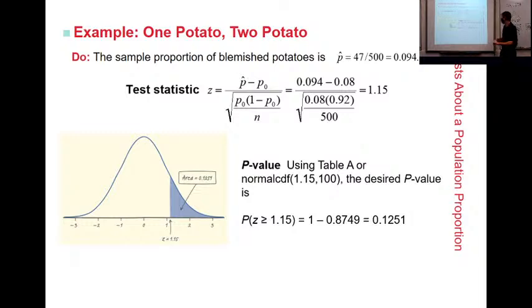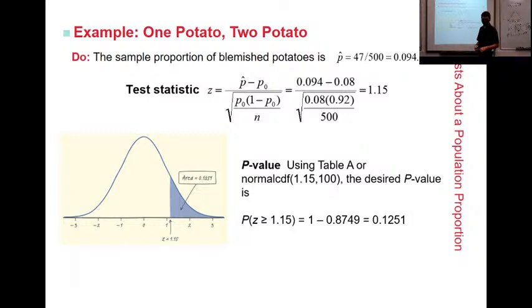So again, the p-value equals 0.1251. This is what you need to write down in step 3: formula, plug in the numbers, answer for the z-score, answer for the p-value. That's what you need to write down in step 3.